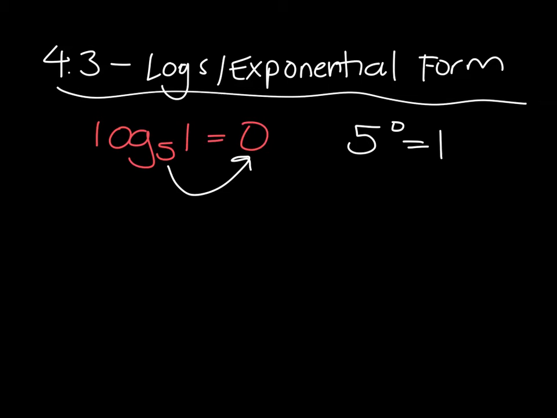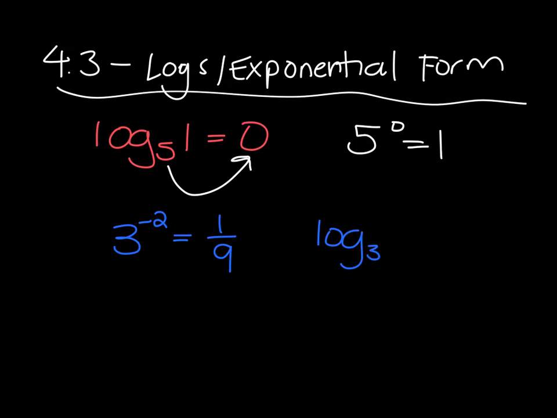And then vice versa. If I had 3 to the negative 2 equals 1/9, now we're in exponential form, and I want you to put it in log form. So that 3 is the base on the exponential function. It becomes the base on the log, and the base on the log is the little subscript number.